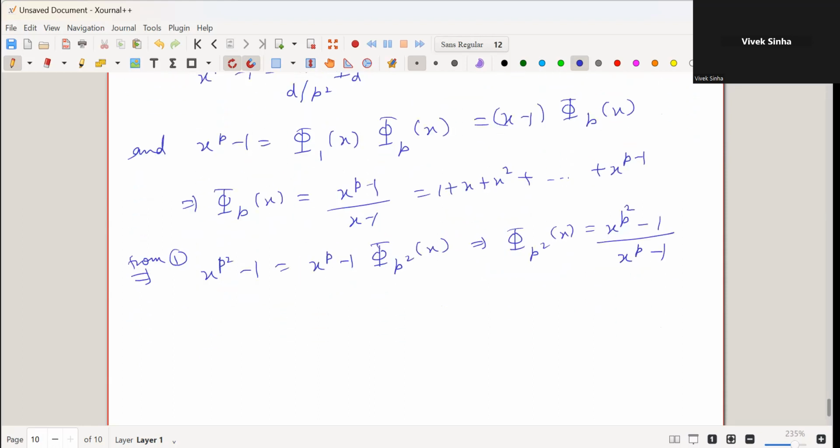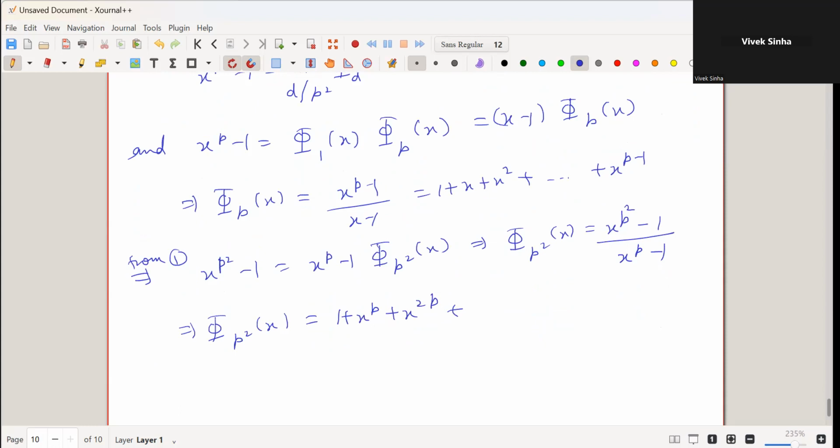So you can see that this is nothing but a polynomial 1 plus x^p plus x^(2p). You use the division of polynomial argument, divide x^(p^2) by x^p, what you will get? x^p, right?